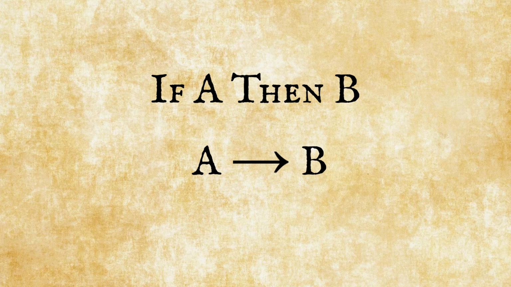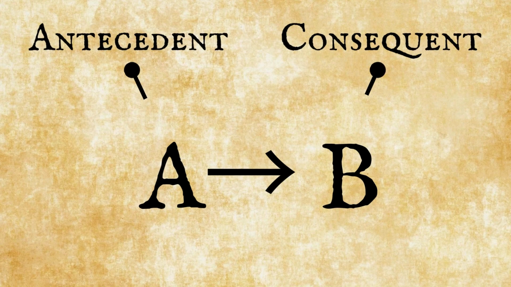So I would recommend you to say if A, then B, rather than saying A arrow B. Also, it's good to know that the proposition that comes before the symbol is sometimes referred to as the antecedent, and the proposition that comes after is referred to as the consequent.